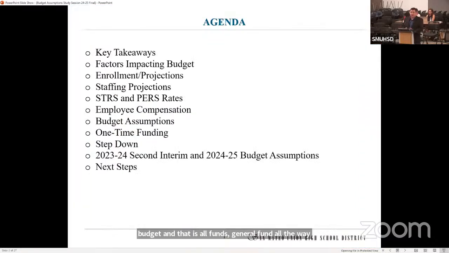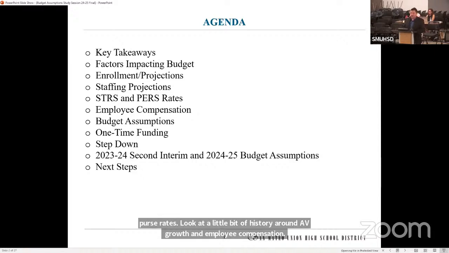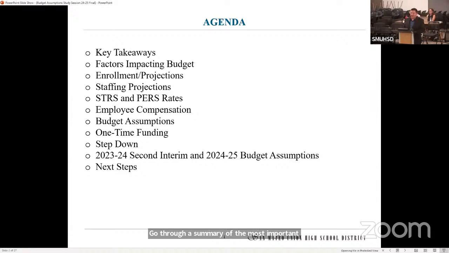In terms of agenda, I'll go over key takeaways, factors impacting the budget. We'll go school by school for enrollment projections. We'll look at the staffing projections, look at STRS and PERS rates, look at a little bit of history around AV growth and employee compensation, go through a summary of the most important budget assumptions other than staffing and enrollment.